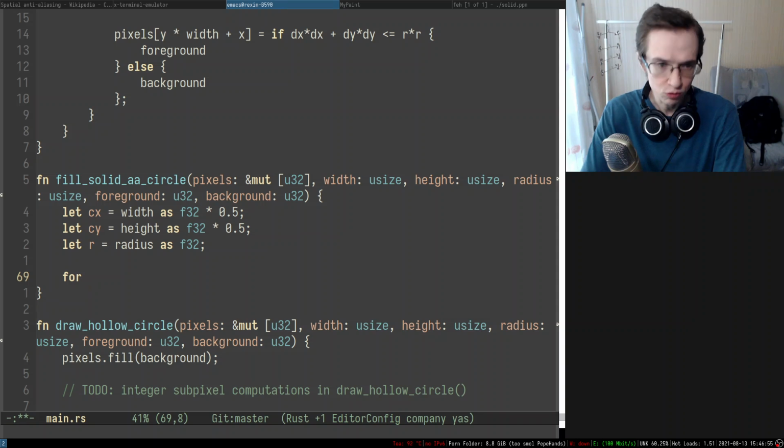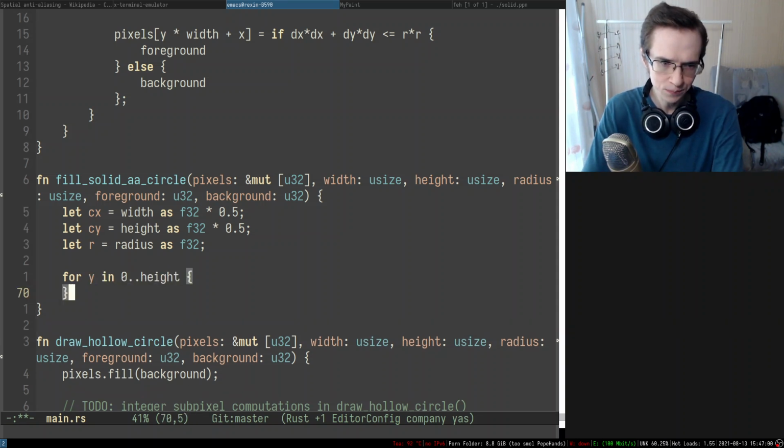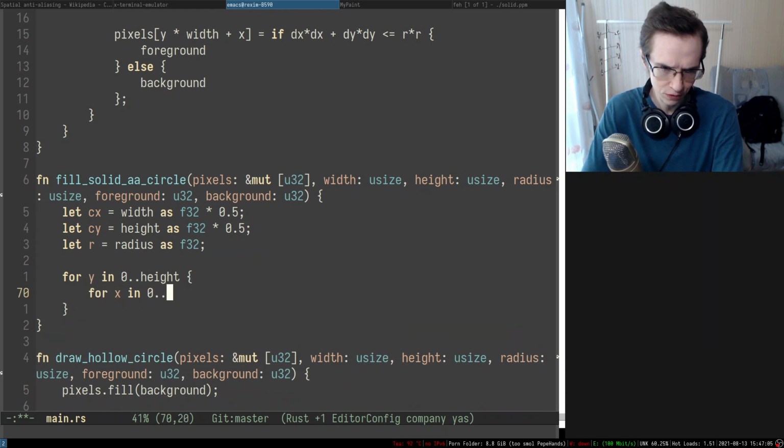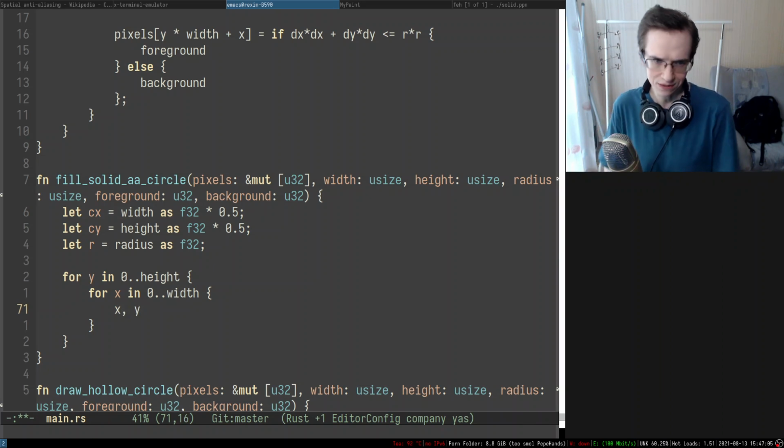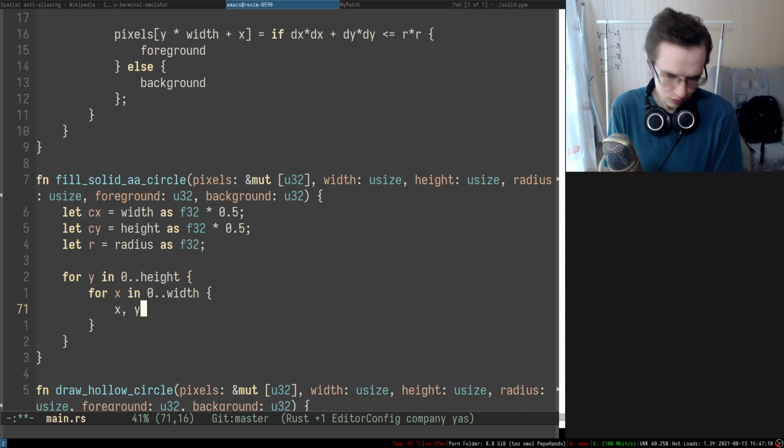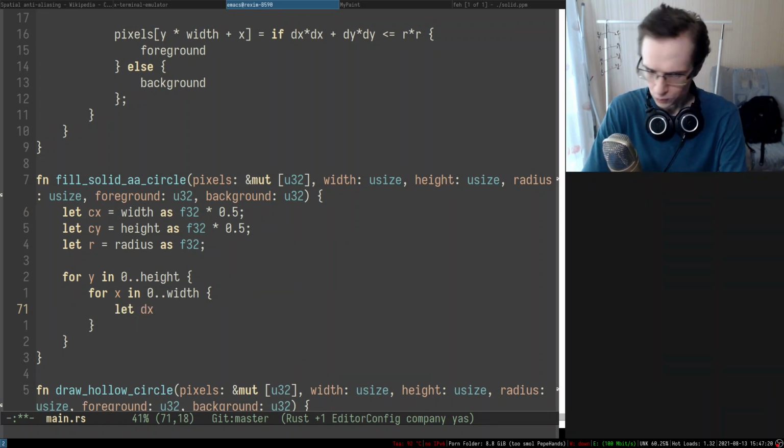So let's start iterating the rows. For y in 0 to height, for x in 0 to width, here we have the point x and y. As I already said, we need to find the distance between the center of the circle and the center of the pixel. x and y is not the center of the pixel. So we take the center of the pixel and subtract the center of the circle.